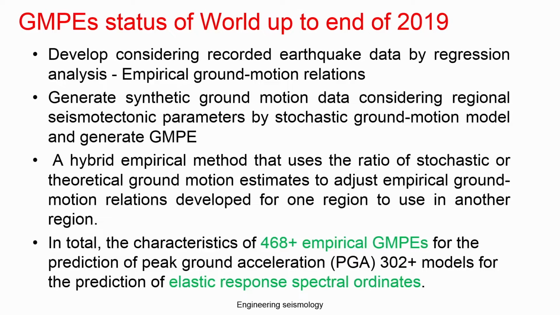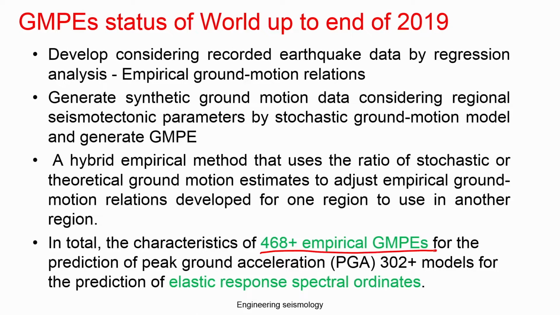Why is it hybrid? Because you are basically converting it according to your convenience, hybridizing. That is why it is hybrid. As of today, at the end of 2019, about 468 empirical ground motion models are available.